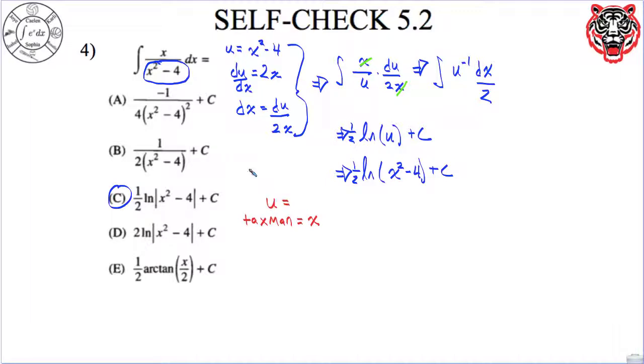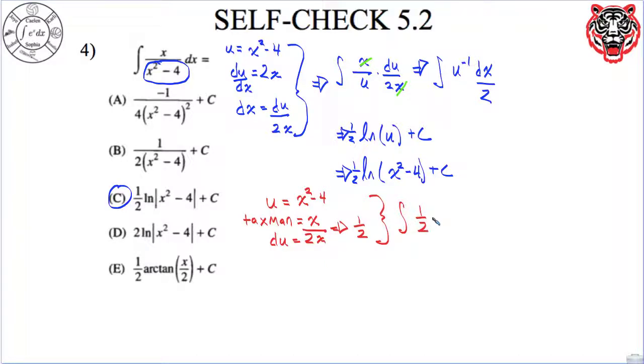U is equal to x squared minus 4. Taxman is x, and then du is equal to 2x. So treat that as a fraction, which turns into 1/2. And therefore, my new integral would be, remember, x was the taxman, so he gets replaced by 1/2.